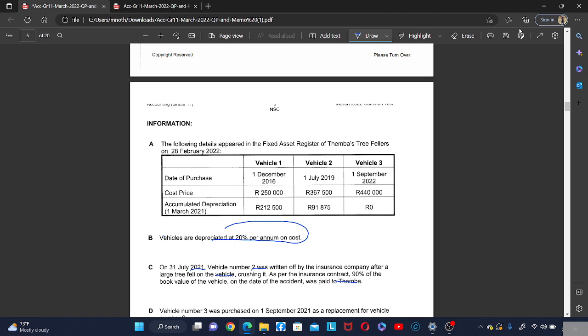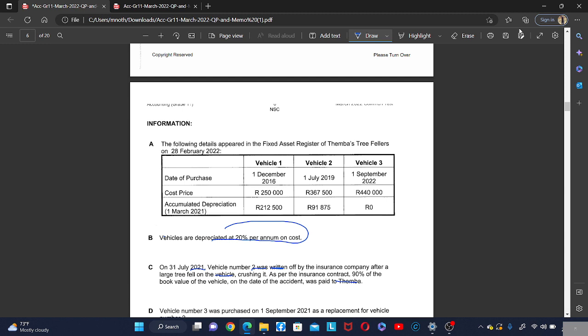So what happened here is that the vehicle was crushed, meaning that this vehicle is no longer in the business.